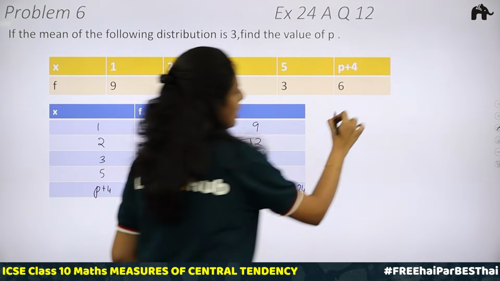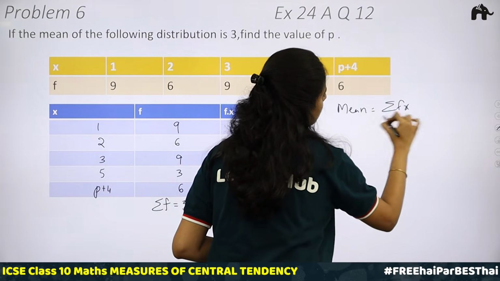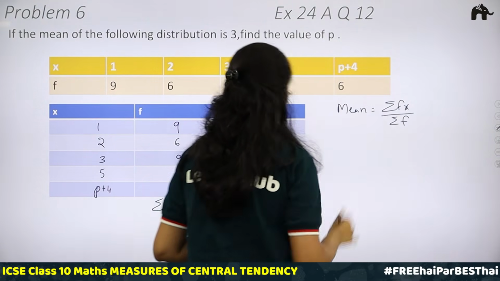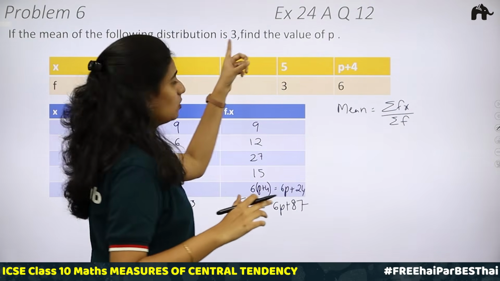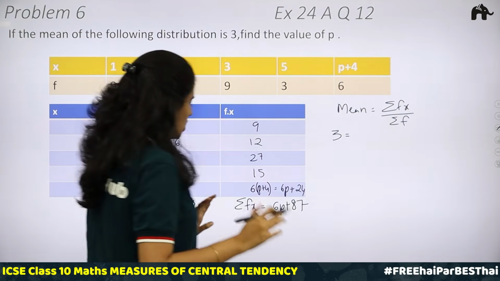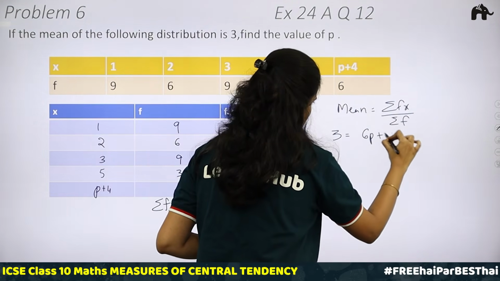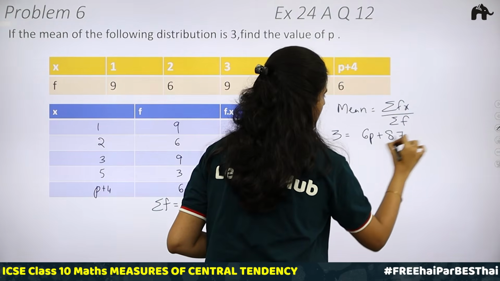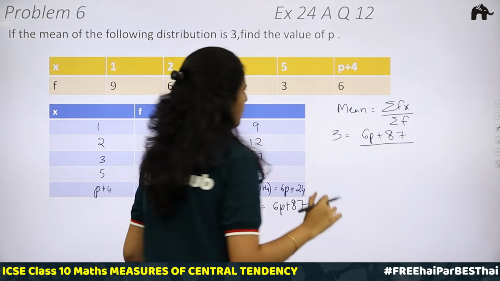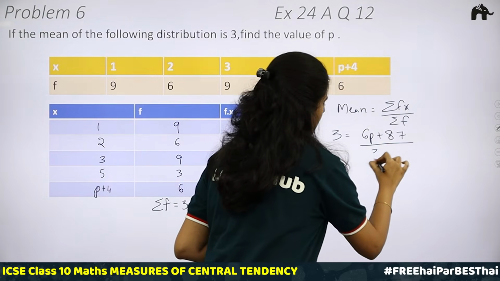What does mean? Mean is equal to summation fx divided by summation f. Here the mean value is given and it is equal to 3. So 3 is equal to summation fx, that is 6P plus 87, divided by summation of f, which is 33.